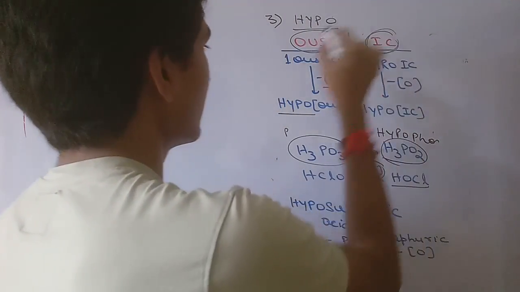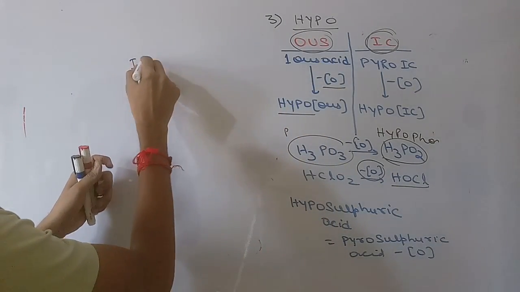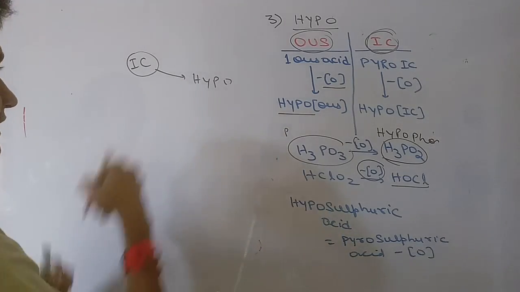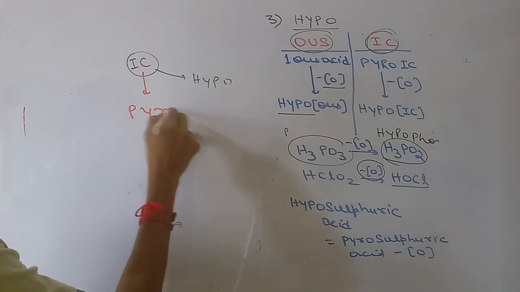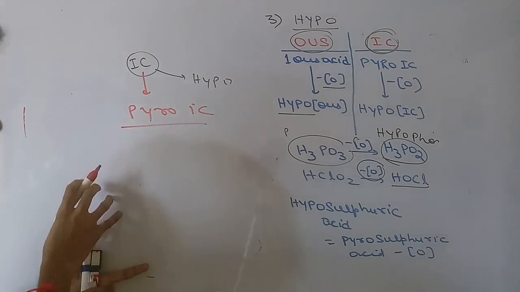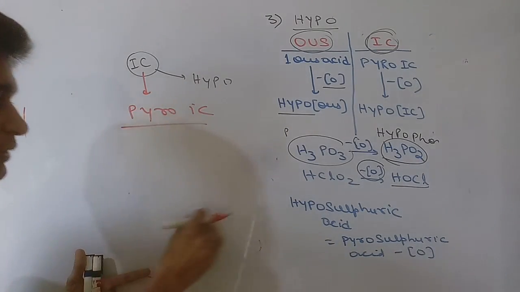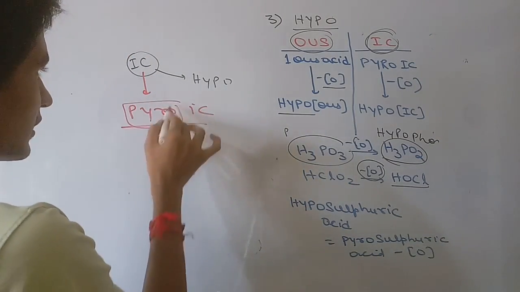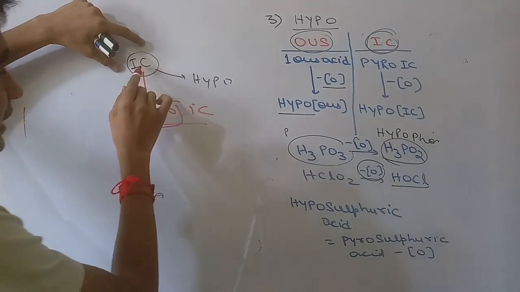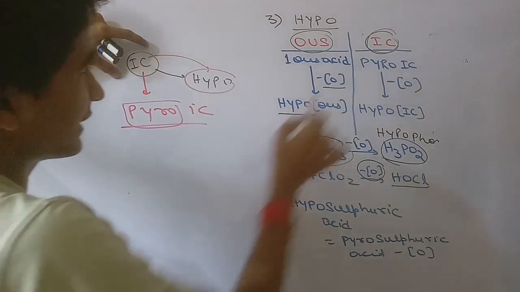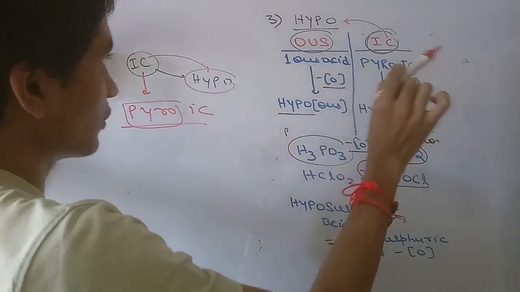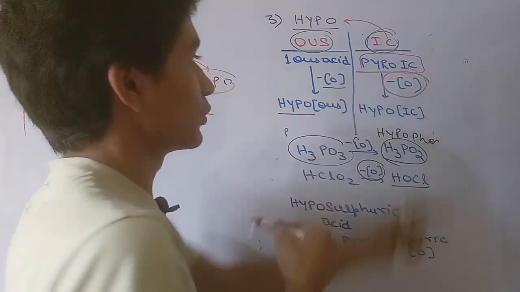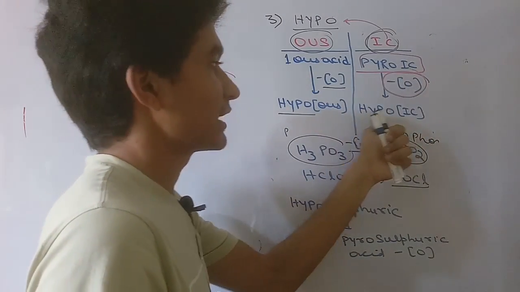But in the case of ic acids, for converting any ic acid to hypo, you have to first convert that ic acid into pyro-ic. We have discussed pyro: you take two oxyacids and subtract 1 molecule of H2O, and you will get pyro. So for converting any ic acid into hypo, first convert that ic acid into pyro-ic acid, and subtract 1 oxygen from it, then you will get hypo-ic.